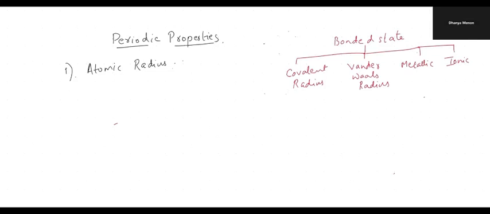The first type of atomic radius that we are going to study is covalent radius. Now students, you must know that a covalent bond is formed between two same or different nonmetals.